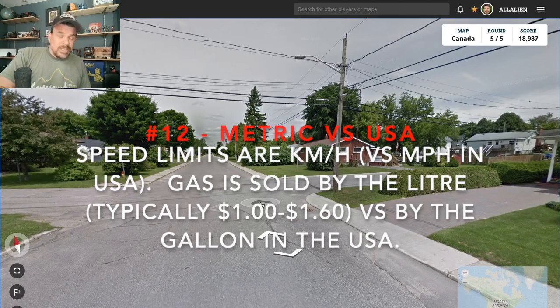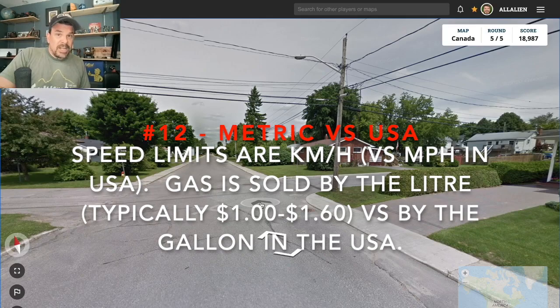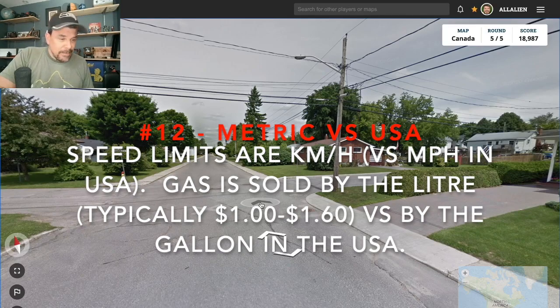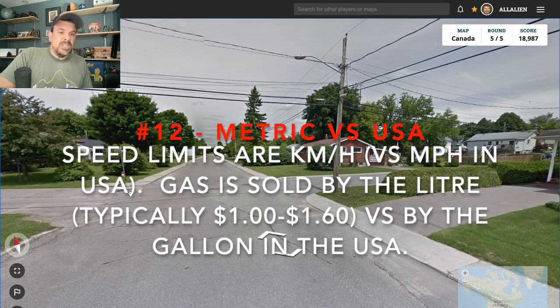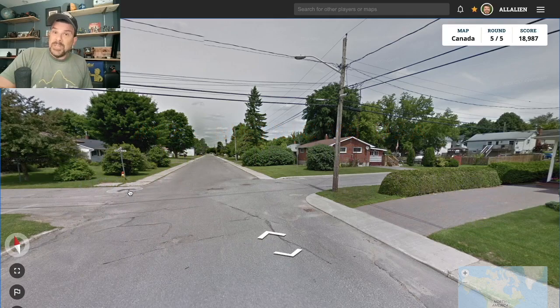And I haven't seen them here, but a subtle clue to distinguish Canada from the US are speed limit signs. Canada has the metric system, the US does not. So if you see a highway speed limit of 90, 100, 110, 120, you're in Canada. If you see a highway speed limit of 55, 60, 65, 70, you're in the US.